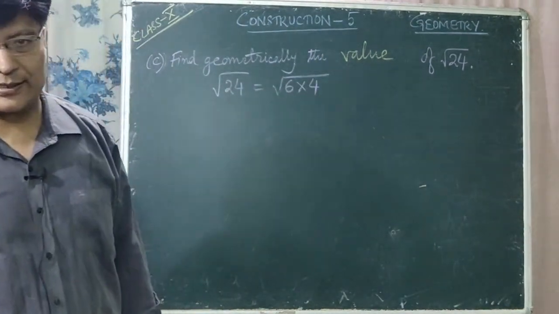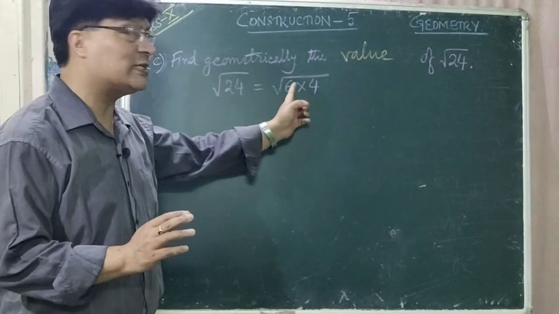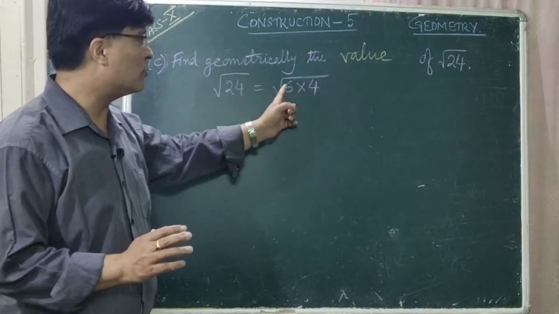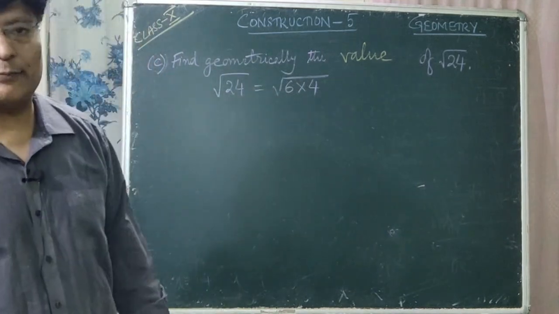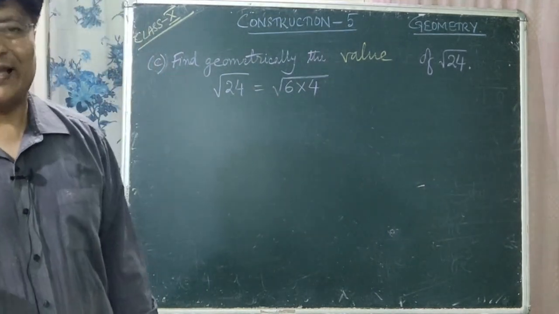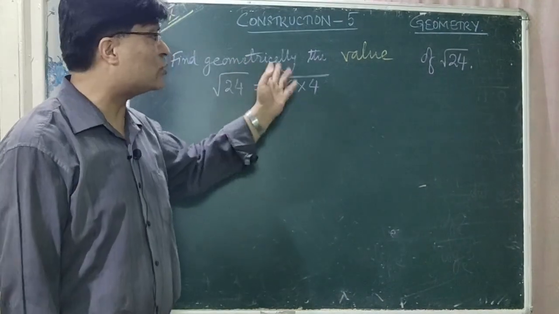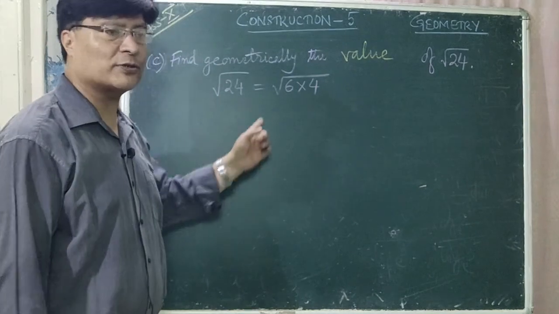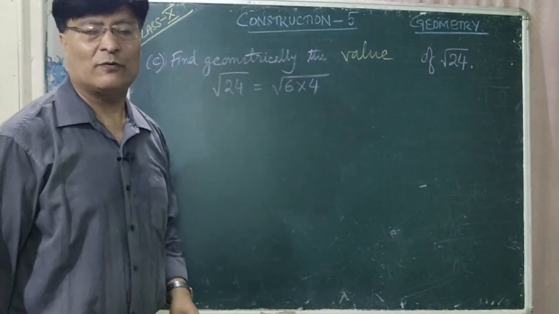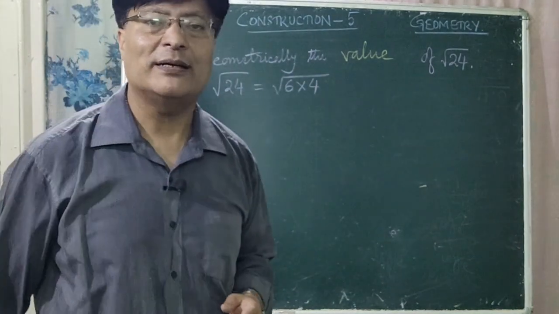That will be also correct. So we are writing here root over 6 multiplied by 4, that is 24. So in this case, find geometrically the value of root over 24. That means you have to get the mean proportional between 6 centimeter and 4 centimeter. That will give you the answer.